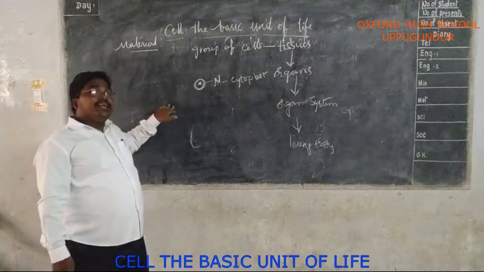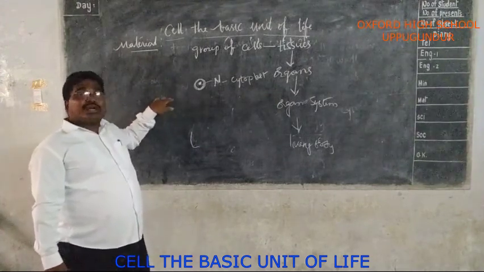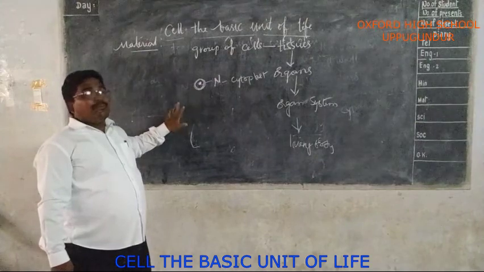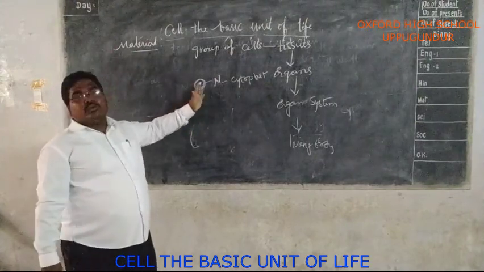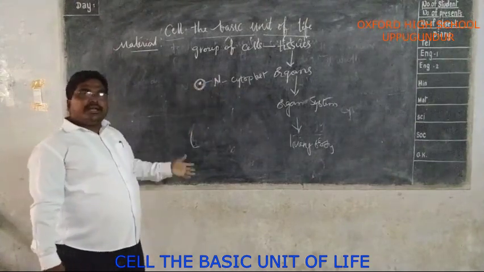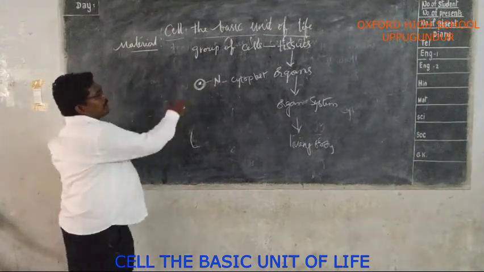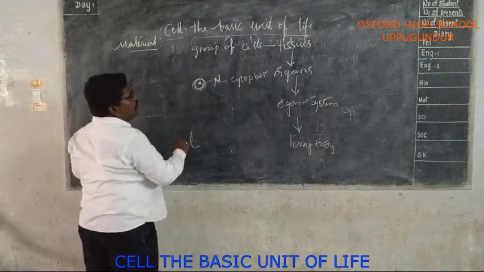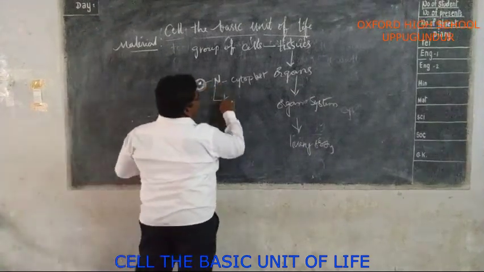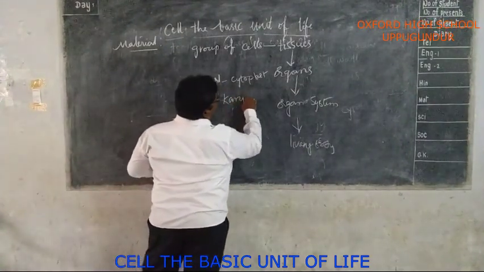Even these mammals and plants contain a nucleus in the beginning, but later it is thrown out of the cell and destroyed. Do you understand? So the cell nucleus. I already told you that studying the nucleus is called karyology.